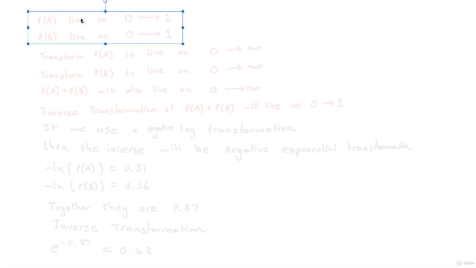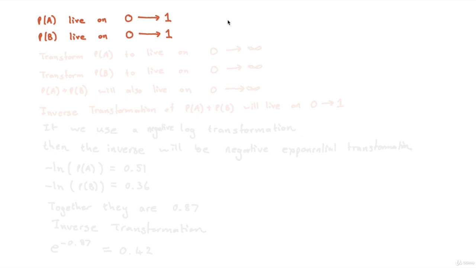Basically, what copulas are saying is that if the probabilities of both A and B live on the state space from 0 to 1, then why don't we transform them so that they live on the state space of 0 to infinity? And once we've transformed our probabilities into this higher space, we can then add them together.